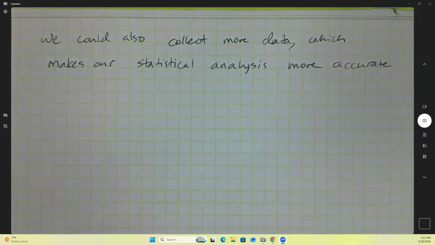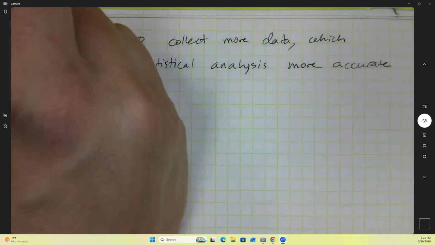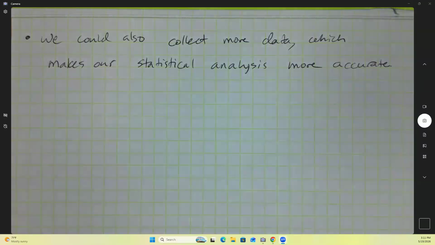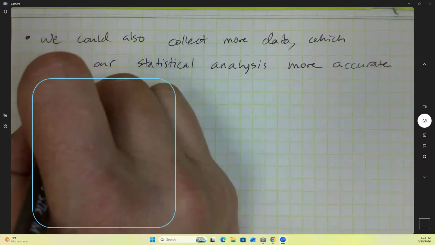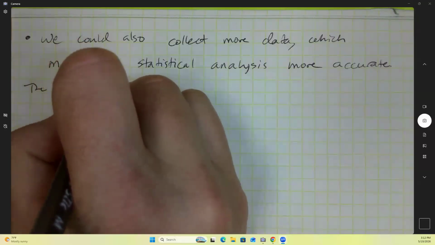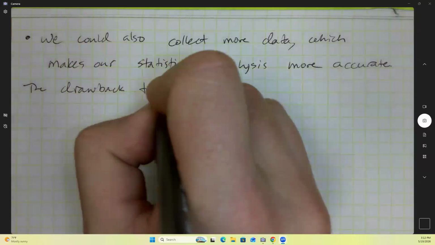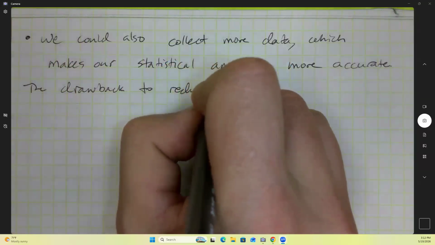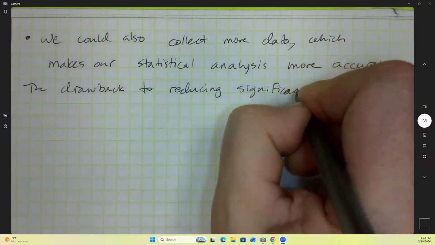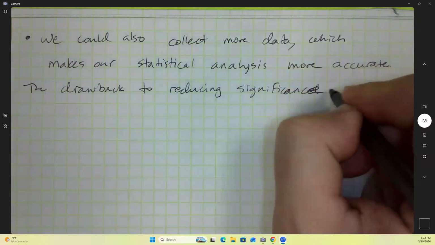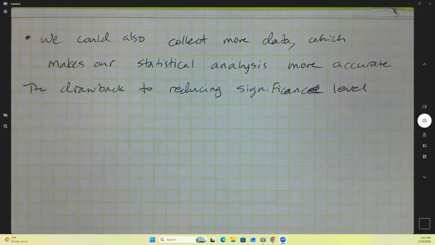Now, there's a drawback to both of these. And I'm going to talk through each of the drawbacks. The first one, the drawback to reducing the significance level. Can anybody think what that might be?